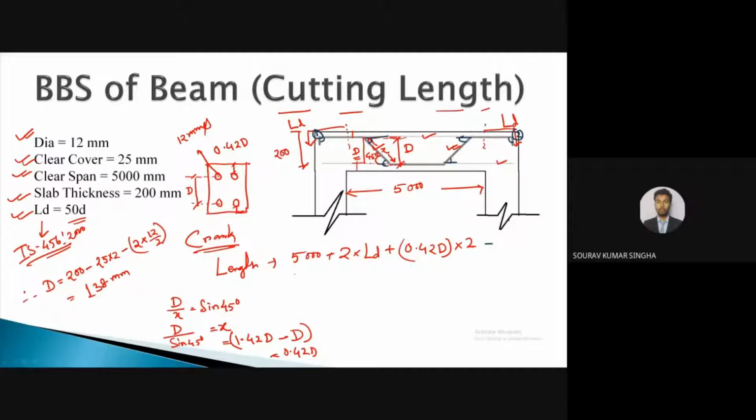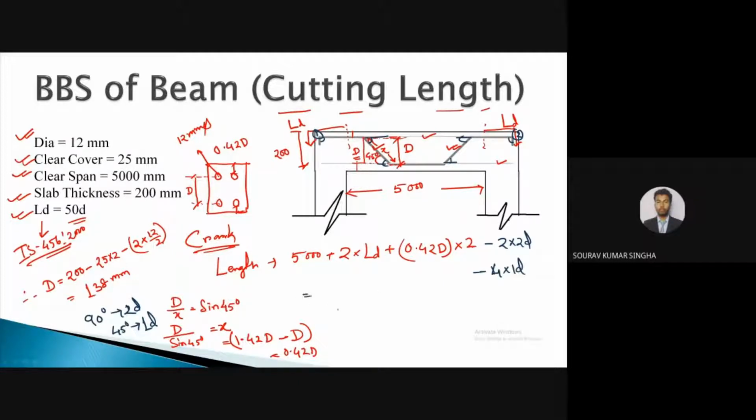For 90-degree bend, the deduction is 2D, and for 45-degree bend, the deduction is 1D. You can also see in the estimation costing book, the list is given over there also. So we will deduct 2 into 2D minus 1 into 4 into 1D.